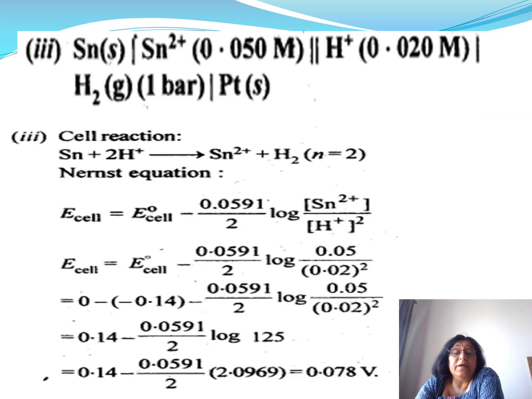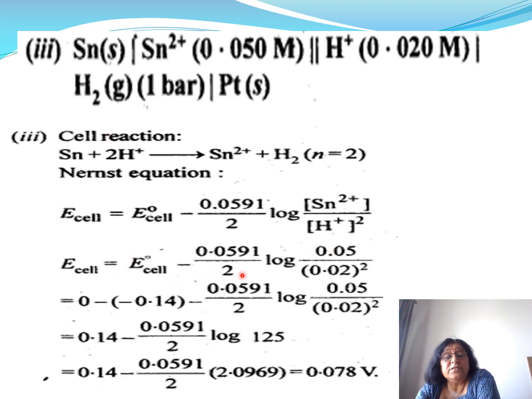Then tin, tin2+ 0.05 M, H+ 0.02 M, H2 1 bar, platinum. What is the cell reaction? Tin plus 2H+ gives you tin2+ plus H2. So E cell is equal to E naught cell minus 0.059 upon 2, there is a transfer of 2 electrons, log tin2+ upon H+ squared.